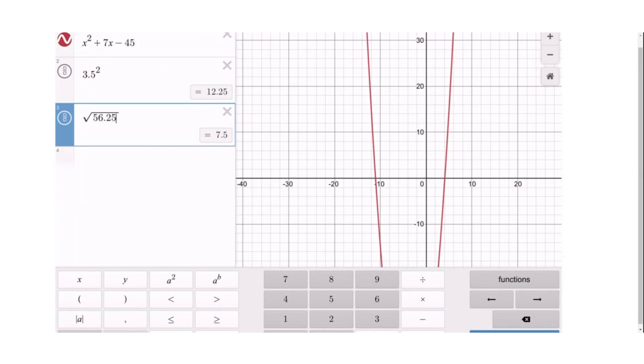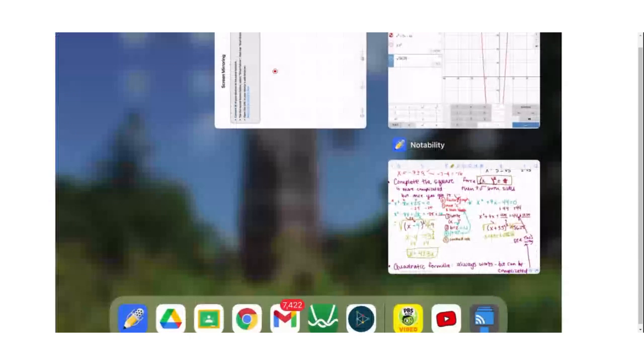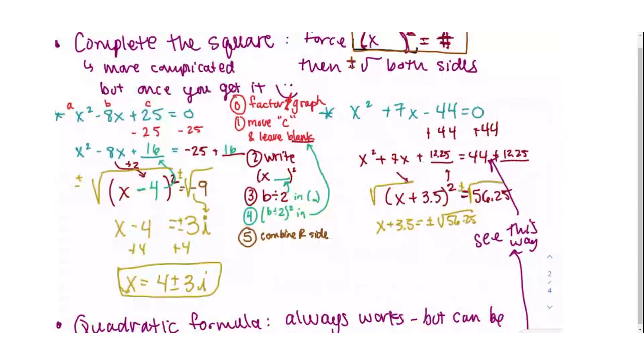It's 7.5. So x plus 3.5 equals positive or negative 7.5. So now we're going to subtract 3.5 from both sides. Subtract 3.5 and then split it.